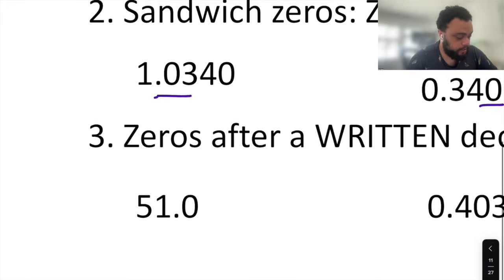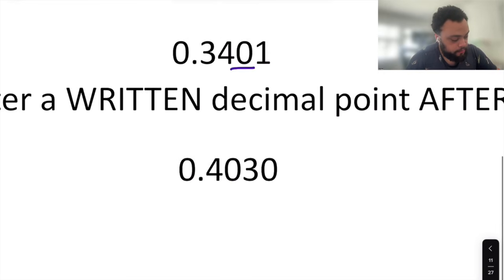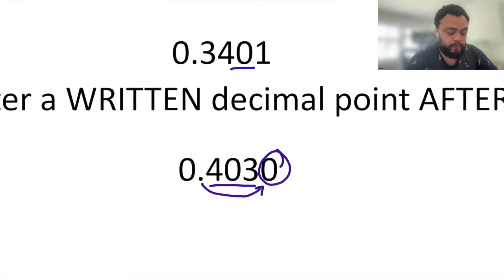So after a written decimal point, after a non-zero number, that is going to be this zero right here. That does matter. After a written decimal point, right there, after a number, those are significant. This is our significant zero right here.